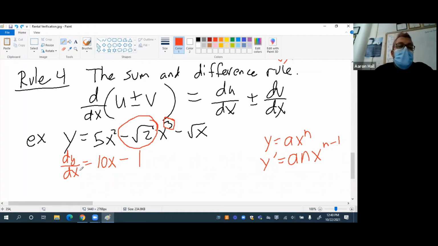I'm taking the derivative with respect to x, so the square root of 2 is just a constant. You can plug it in your calculator and you get something like 1.2358. It's just a number, just like this is a number. This is our variable here. Since we're taking the derivative with respect to our variable, we just treat this as a constant.